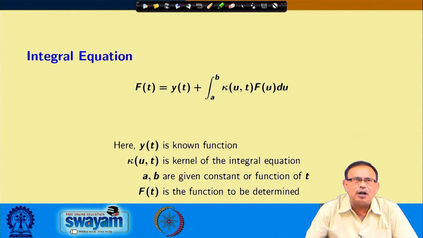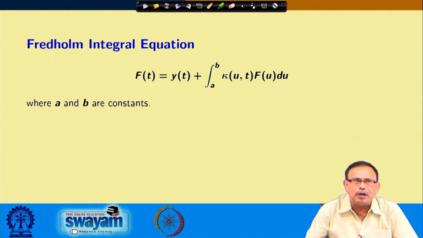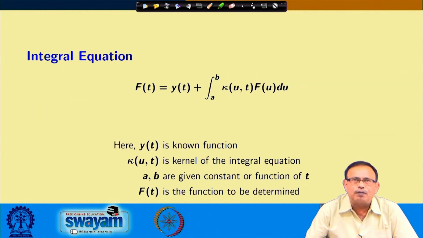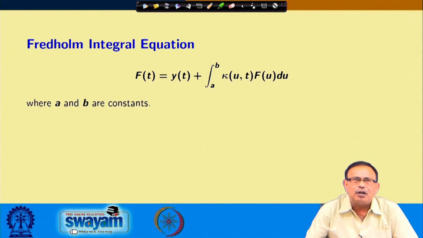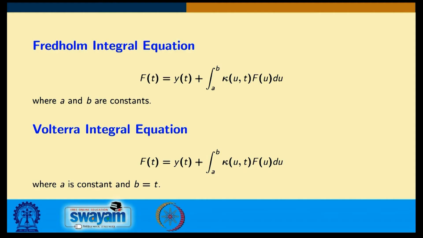Various kinds of integral equation are available. One is the Fredholm integral equation. It takes the form f(t) equals y(t) plus integral from a to b of k(u, t) f(u) du, where a and b are only constants. Please note that when a and b are only constants, we call it a Fredholm integral equation. There is another type which we call the Volterra integral equation.